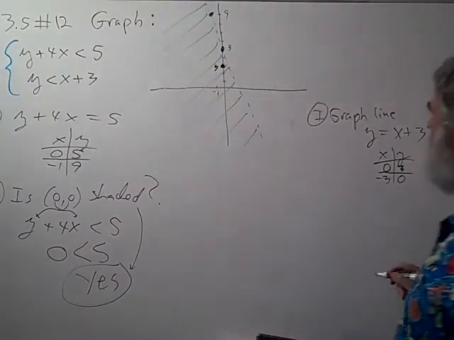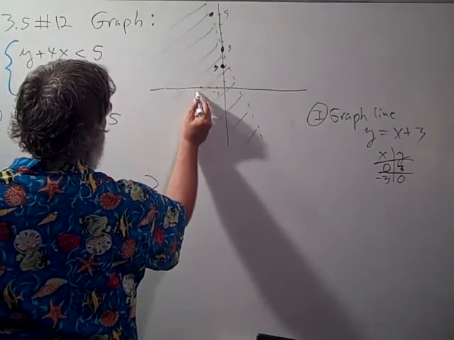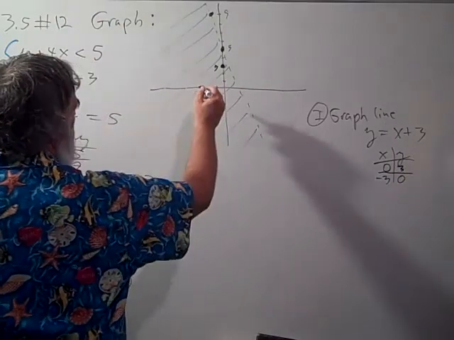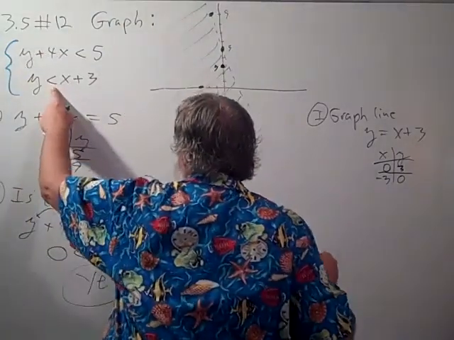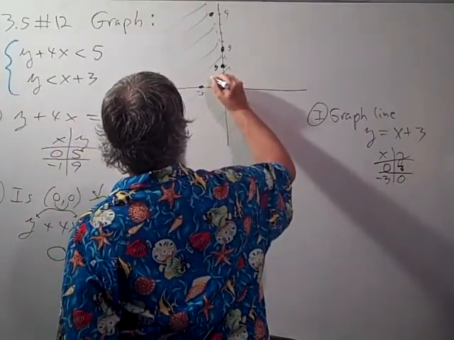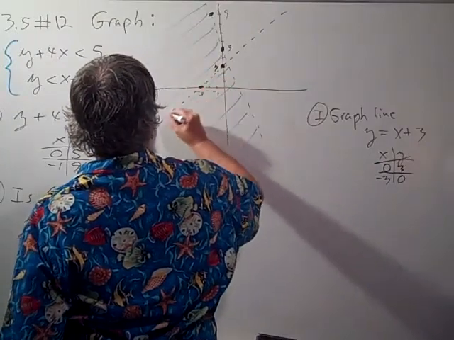And then negative 3, 0, negative 1, negative 2, negative 3, 0 is here. So here we have a line through these 2 points. Also a dashed line because it's a strict inequality. It doesn't say or equal to, so we're not including the points on the line. So here we get this dashed line.